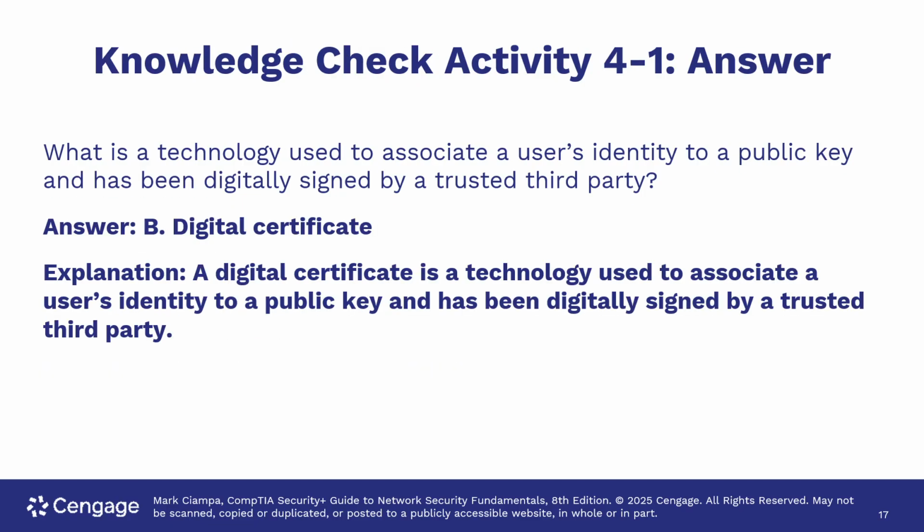And that's what it is. It's a technology used to associate a user's identity to a public key and it's been digitally signed by a trusted third party. Always think of your driver's license or think of your YSU ID. Okay? So it's a digital certificate.